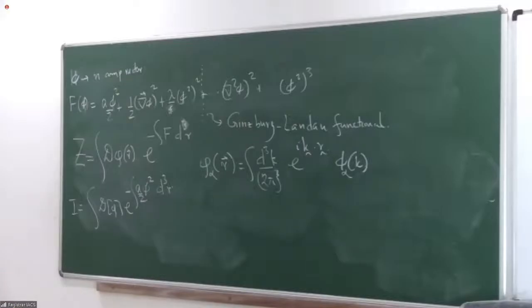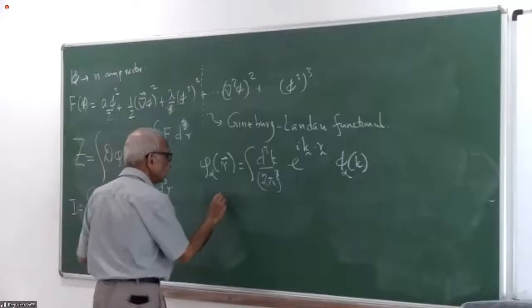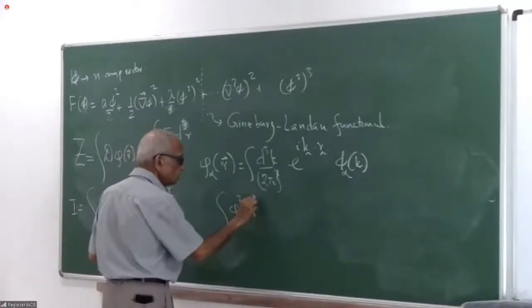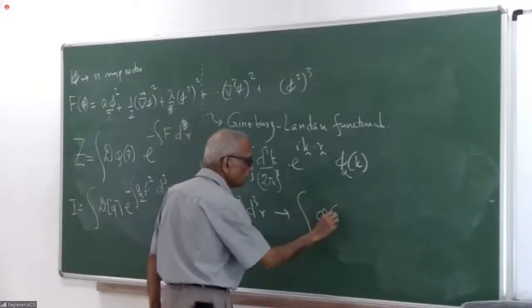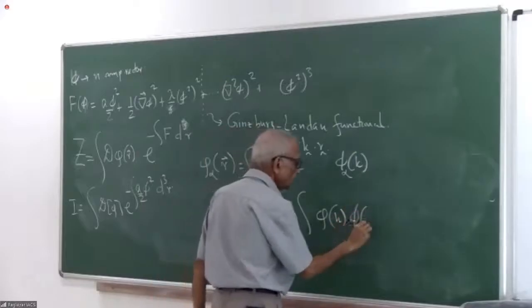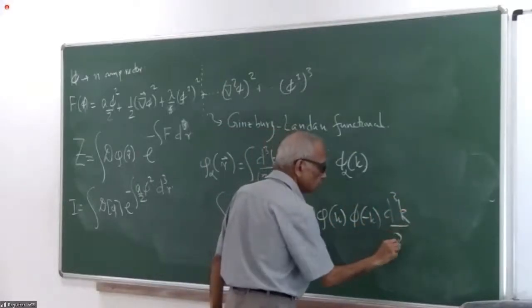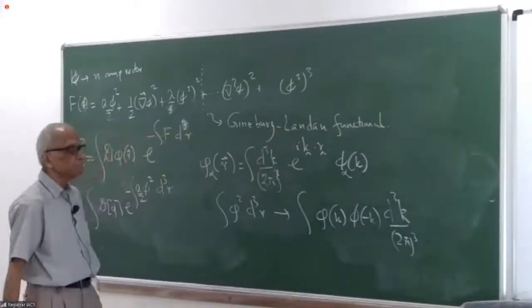As soon as I have that, what I showed you last time is that this chap over here, ∫φ² d³r, goes to ∫φ(k)φ(-k) d³k over (2π)³.